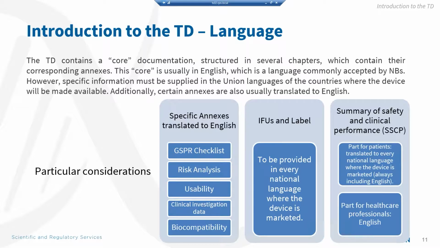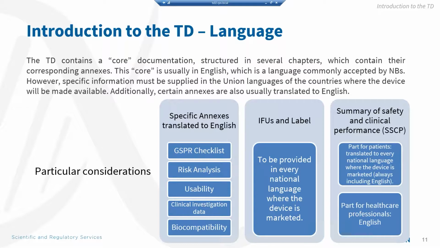Okay, do you have to provide translations to all national languages? No, only to those where you want to market your device. Okay, it's not the same case as medicinal products. Usually in medicinal products, if you're following a centralized procedure or something like that, you've got to provide the national translations. Here, it's only in the countries you want to market.